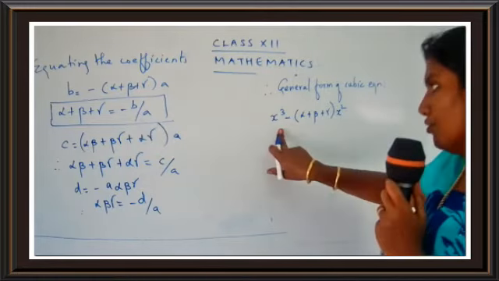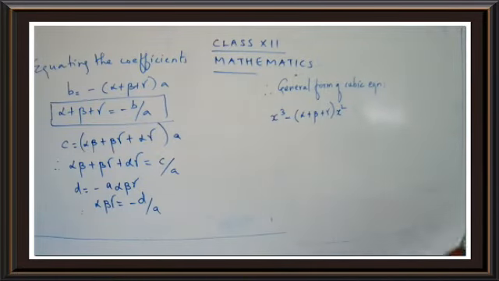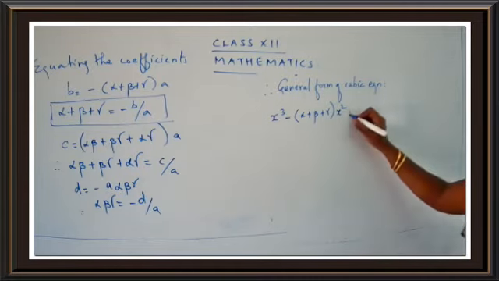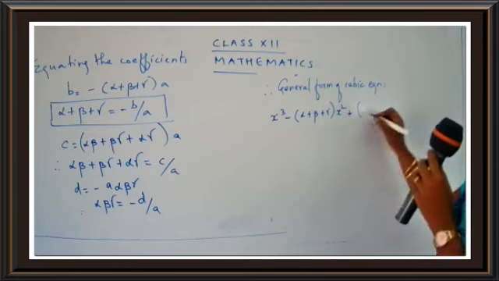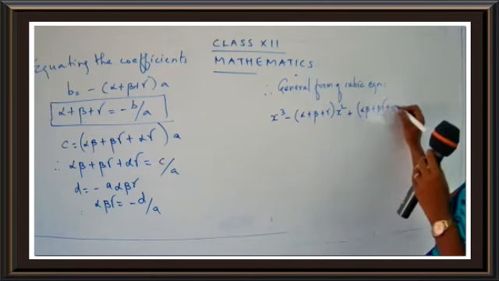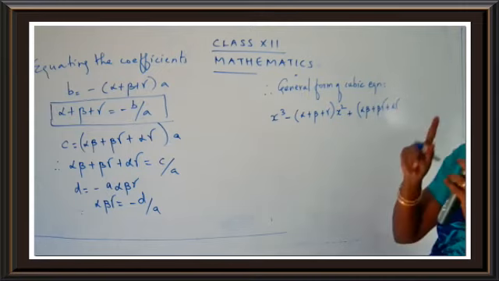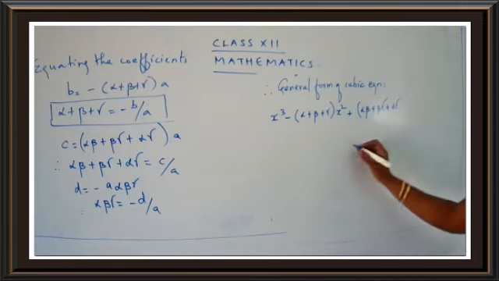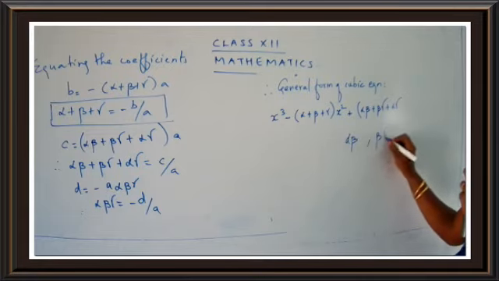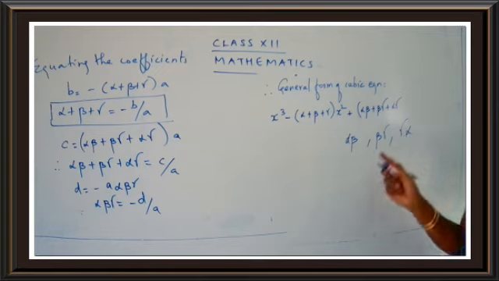So x cube minus alpha plus beta plus gamma the whole x square. The next term is plus sign. So put here plus. What you get here? Alpha beta, beta gamma and alpha gamma, or you can write gamma alpha. Simple. Alpha beta, then beta gamma, then gamma alpha. So I have just written it as alpha gamma, that's all.